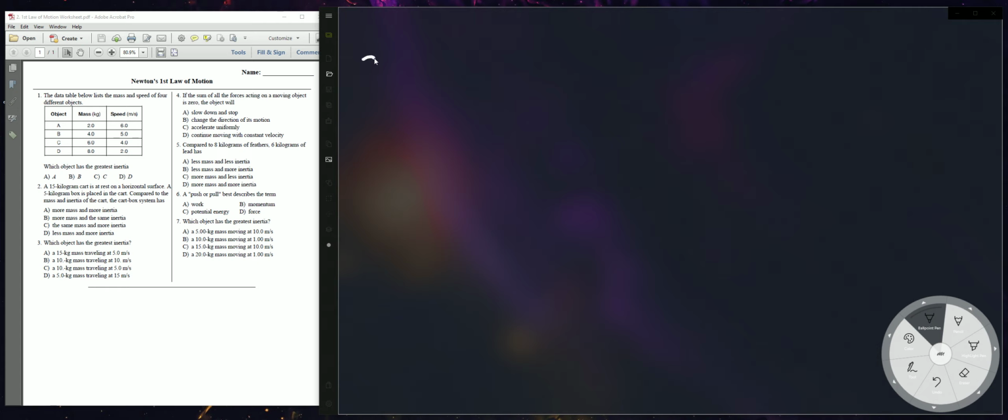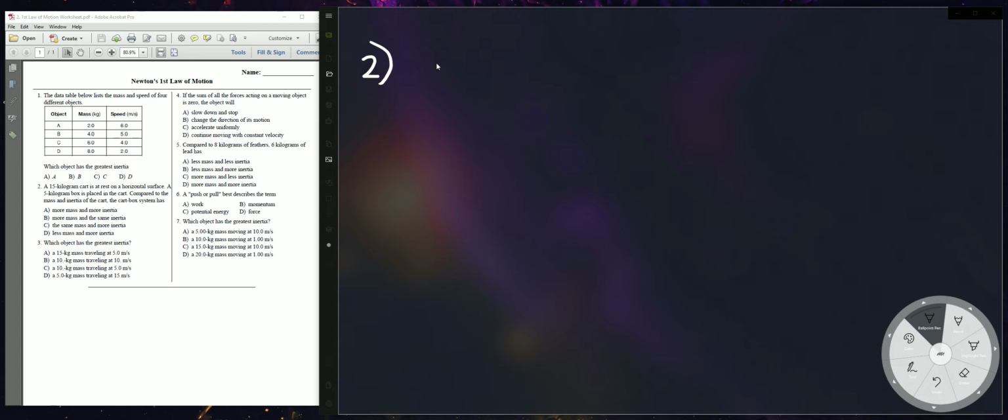Now, number two. A 15 kilogram cart is at rest on a horizontal surface. A 5 kilogram box is placed in the cart. Compared to the mass and inertia of the cart by itself, the cart-box system has what?